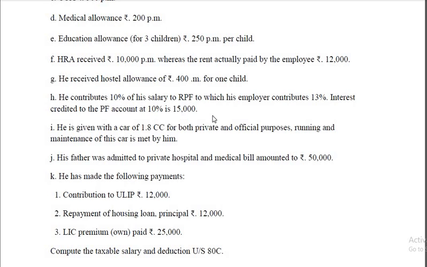Running and maintenance expenses are met by the employee. That means it is 900 per month. If it is a smaller car, 600 per month. If it is a bigger car, 900 per month.